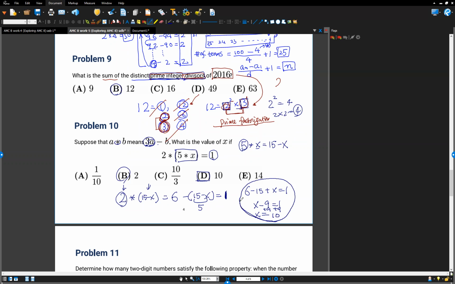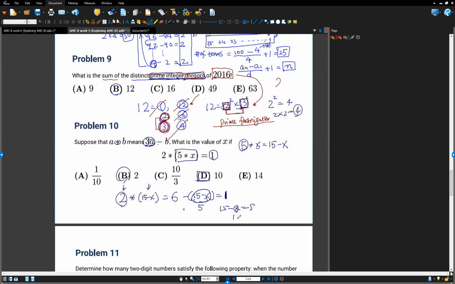Yeah, this is correct. But in this math competition, this is a very childish calculation, right? You know what I mean? Okay, you can solve this way, but this is a very childish solution for the math competition. Now we're going to learn some skills. 6 minus 1 is 5. 15 minus 10 is 5.